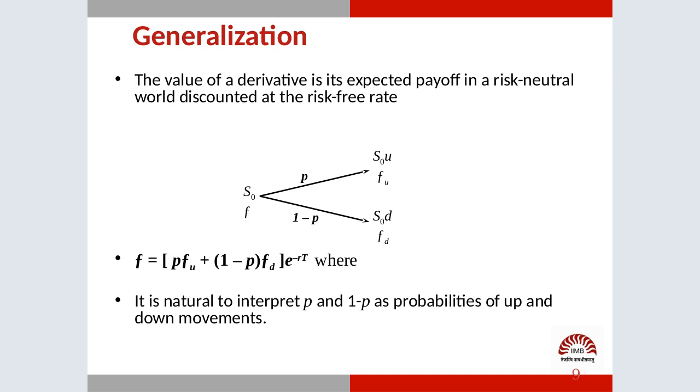It can go to S0U, it can go to S0D, and now I'm adding a probability statement, which is the same as in the previous case, except that there we were calculating the riskless portfolio. Here I'm going to calculate the riskless probability and play with the probability.